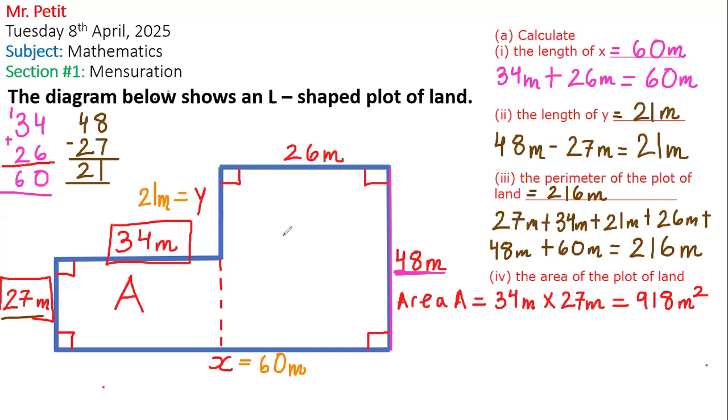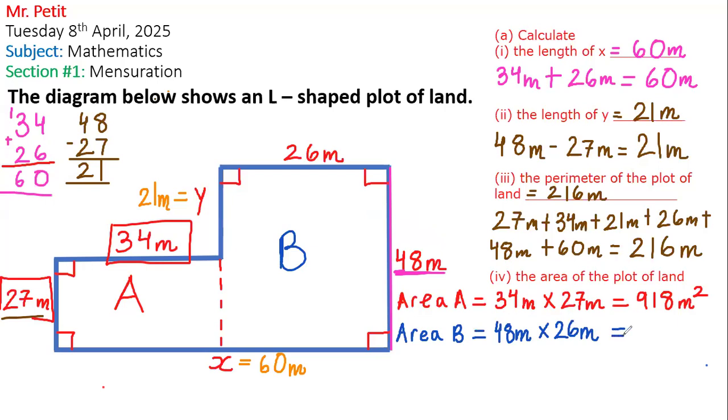Then I'm going to come here and get B. B is going to be this one. So the area of B is going to be equal to 48 meters multiplied by 26 meters.